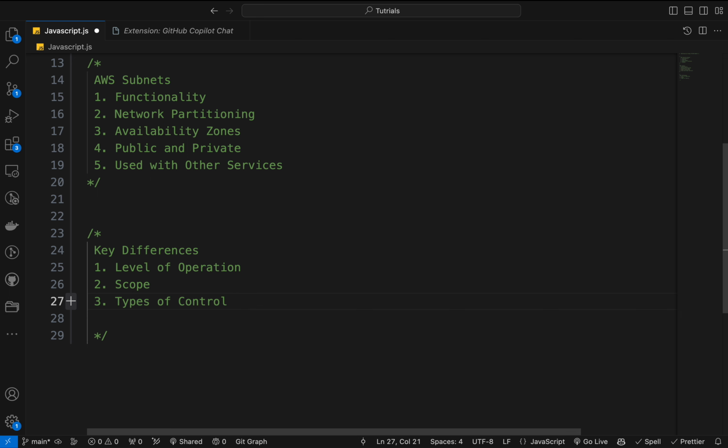Security groups provide stateful traffic control based on port and protocol. On the other hand, subnets in combination with route tables and NACLs provide more generalized network traffic routing and control, including defining public and private areas of your VPC.